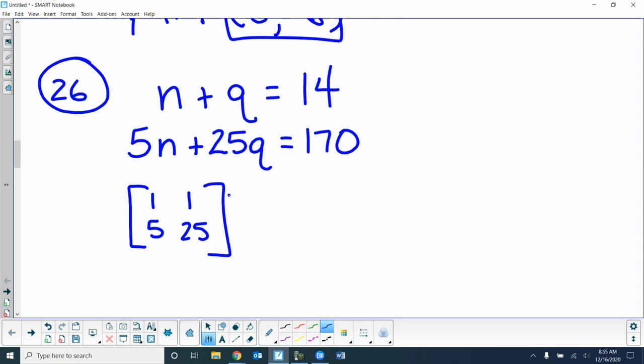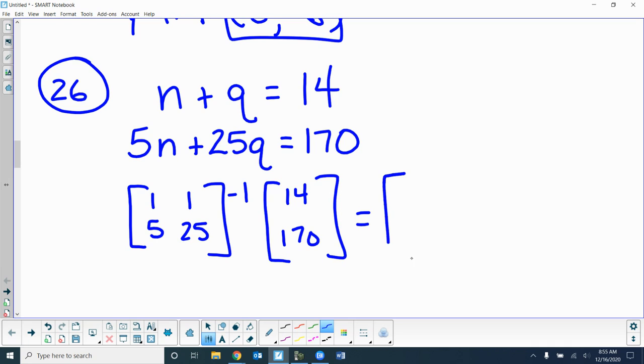And remember inverse. What's my B matrix? 14, 170. Equals. I don't have my answer, so what is it? 9 and 5? So 9 nickels and 5 quarters.